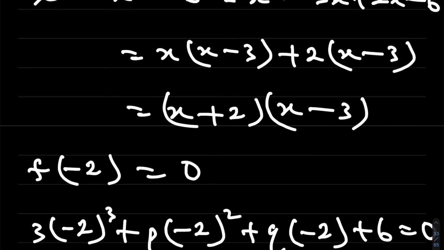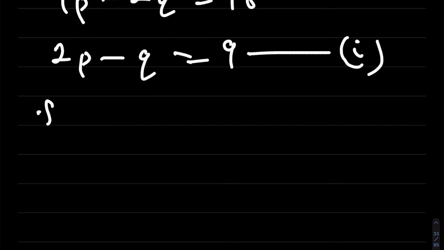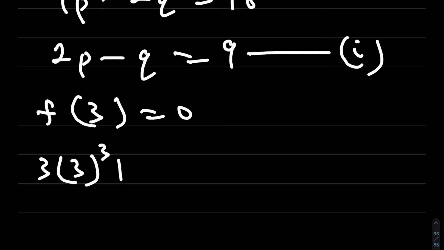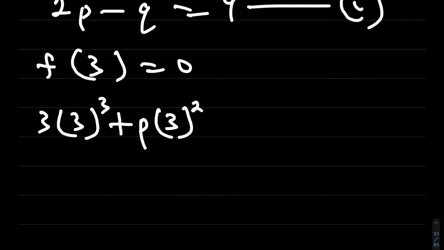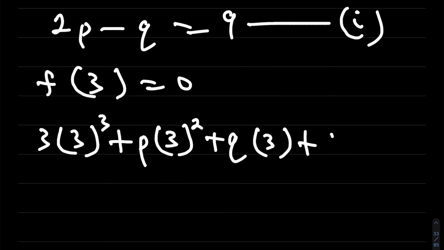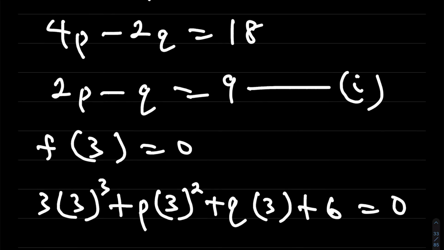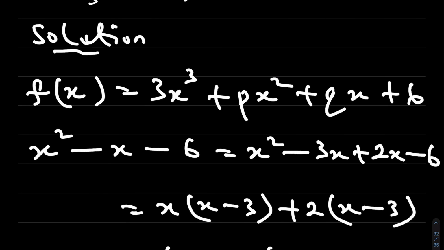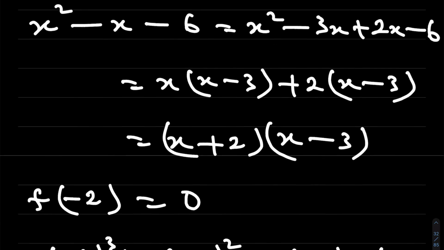The next one, if x minus 3 is a factor of f of x, that means f of 3 is equal to 0, which simply means 3 times 3 cubed plus p times 3 squared, substituting 3 for x in f of x, plus q times 3 plus 6 equals 0. Let me check that again. f of x is 3x cubed plus px squared plus qx plus 6.